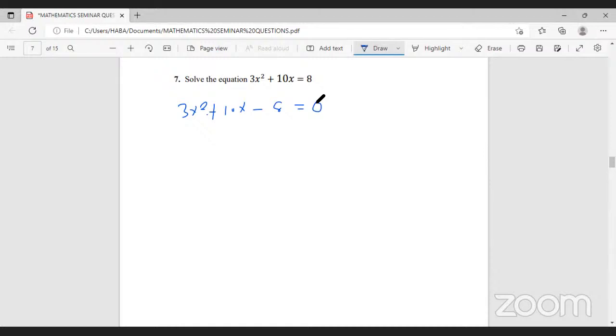Then from here, for me to solve for x, I can use the bulldozer method, whereby my x is equal to, using the bulldozer method, negative b plus or negative square root b squared minus 4ac, divided by 2a.